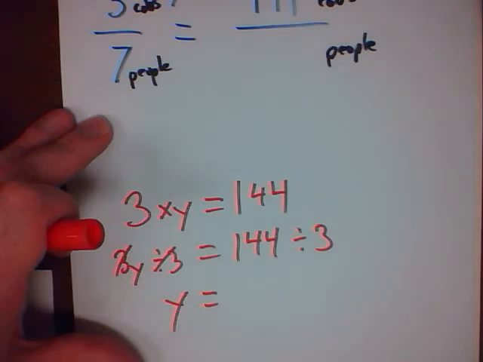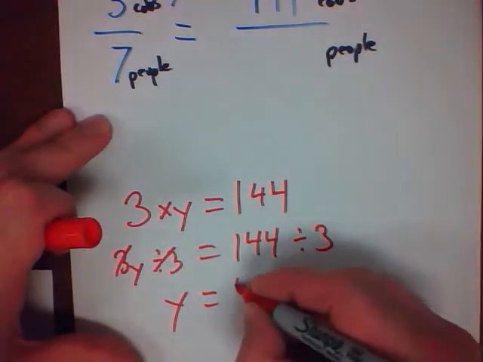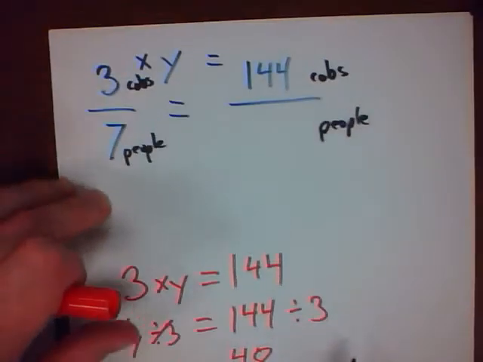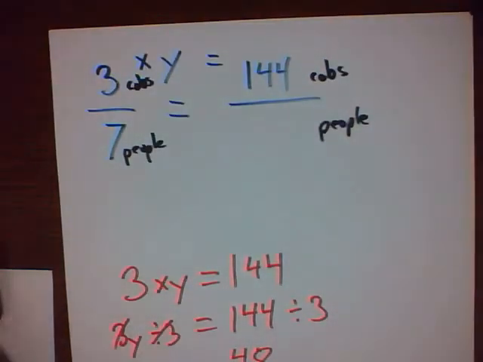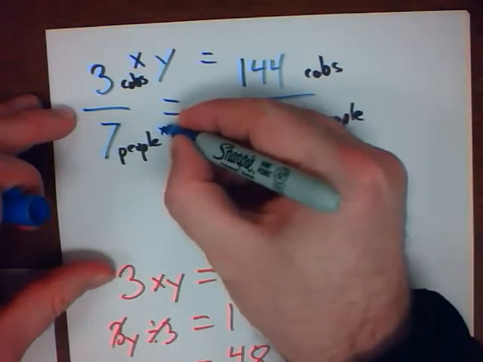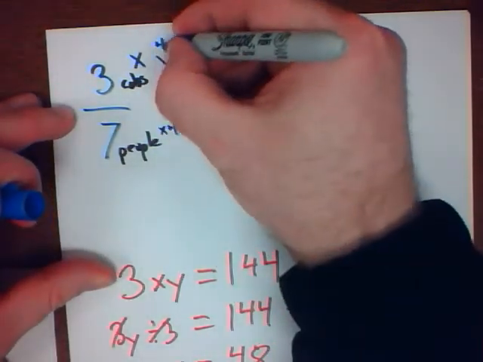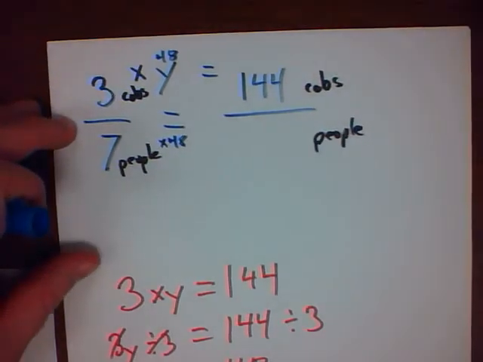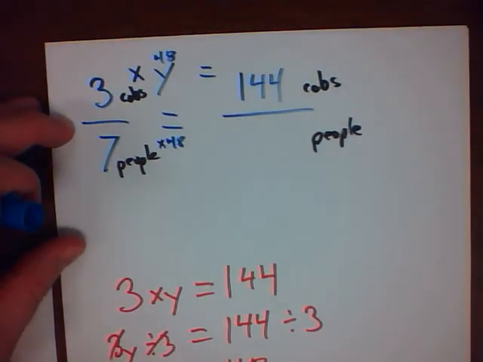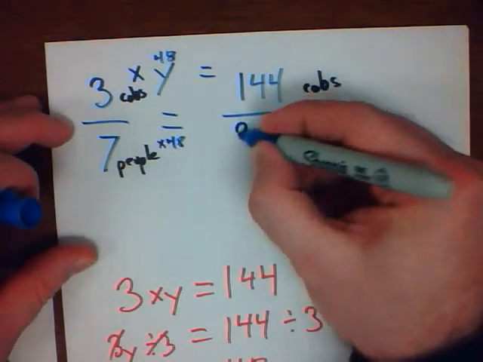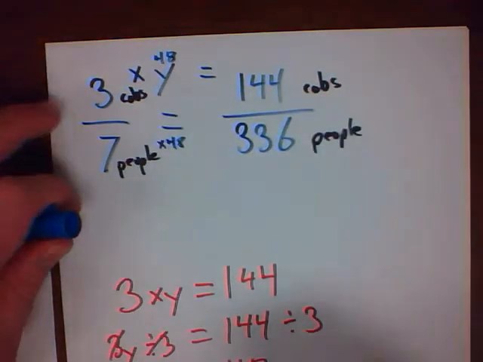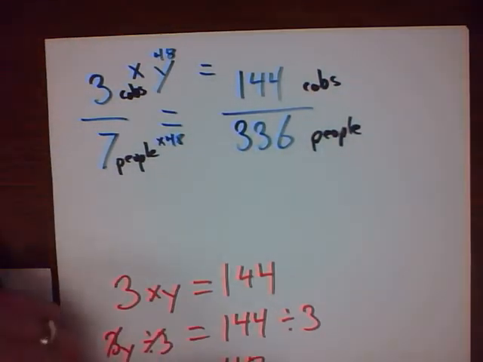So what in the world is 144 divided by 3? That's 48. So I now know that I have to times this by 48, because this was times by 48. So I simply times that. And I know that there were 336 people at this corn cob roast.